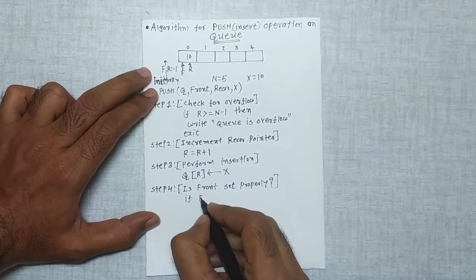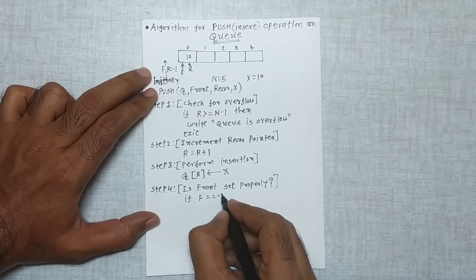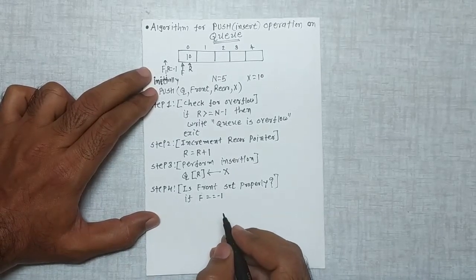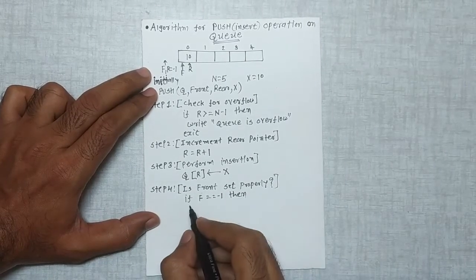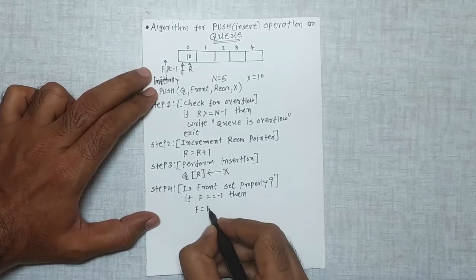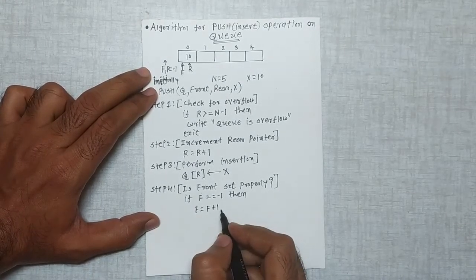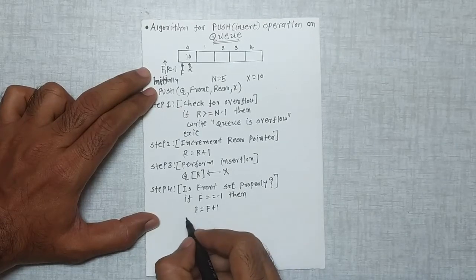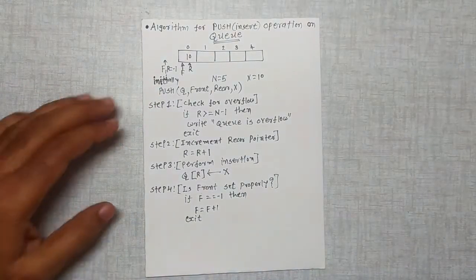So if front is equal to -1, in that case front is equal to front plus 1, and we will exit from the algorithm. So this is our step 4.